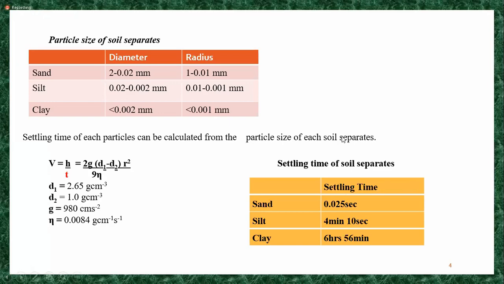Here they gave some data related to the Stokes law: density of the medium and the dispersion medium, gravitational acceleration, and viscosity of the medium. No need for all these things, you just have to remember this settling time.